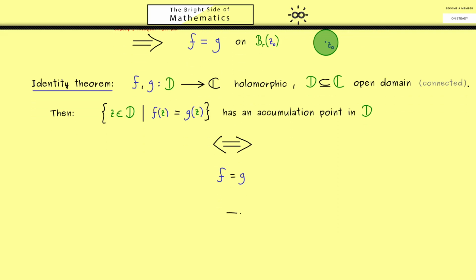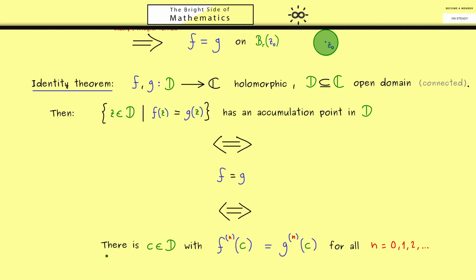However, we can also put in a second equivalence here. This is now the statement that we find a special point in D, which we call c, at which all the derivatives of f and g coincide. And we need this equality for all natural numbers n including 0.